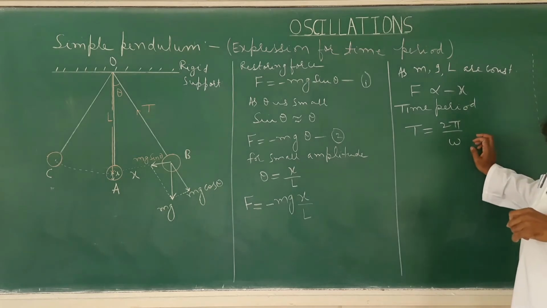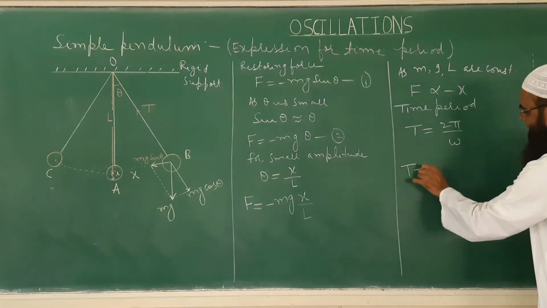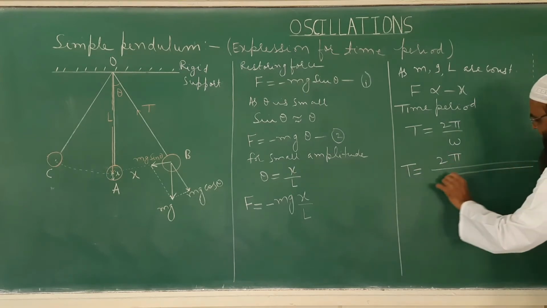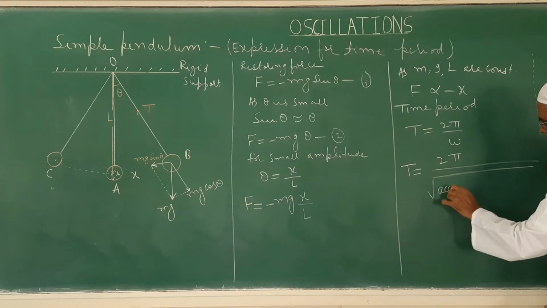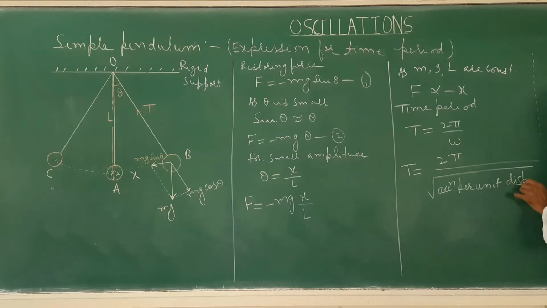This we have seen in the previous lectures. Now we can also write this time period as T is equal to 2 pi upon, in place of omega, acceleration per unit displacement.